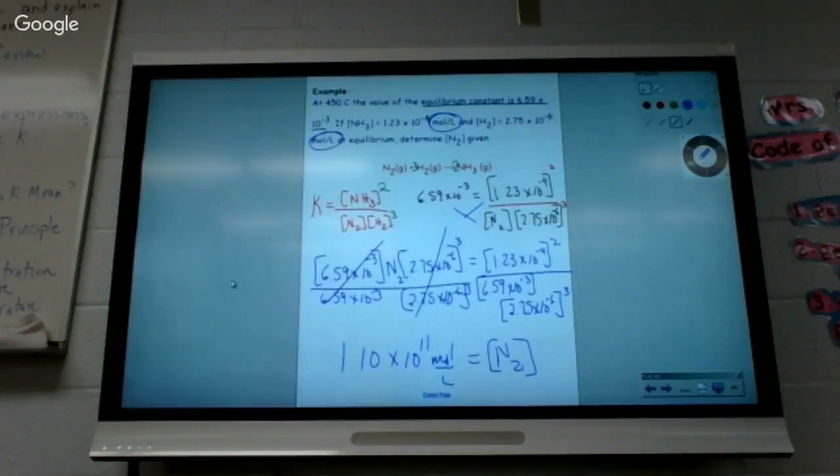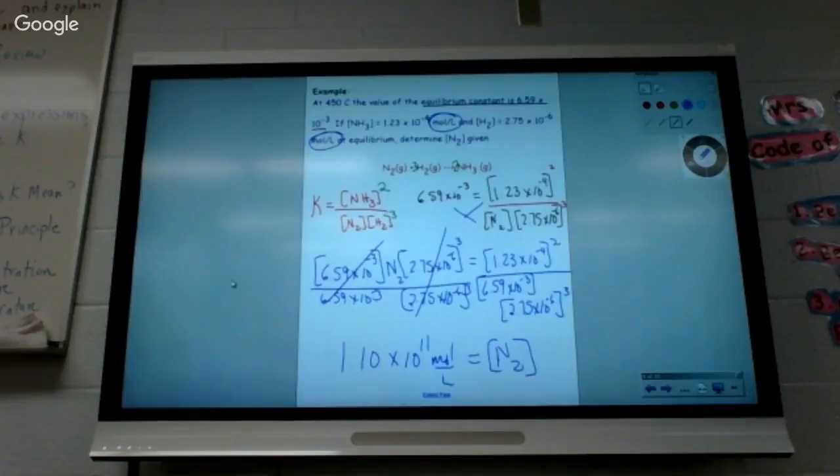I need help. With what? I don't know if I did it wrong. The products on the top line.